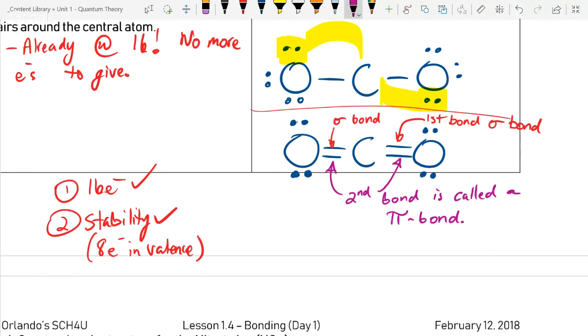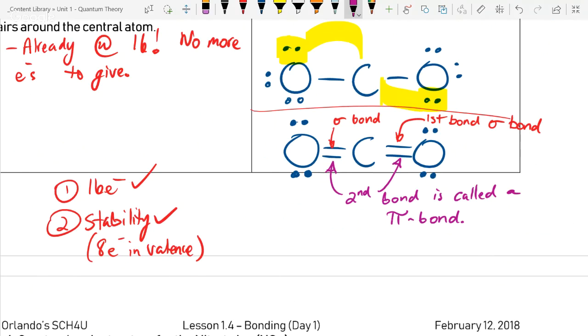In a few days, we'll talk about why these are considered different, the difference between a sigma bond and a pi bond. But the first bond between any two atoms we call a sigma bond, and then any additional bonds after that we call pi bonds. So even if this had been a triple bond, you'd have a sigma bond, and then all the other ones would be pi bonds.